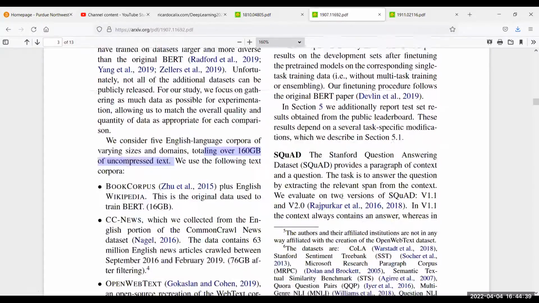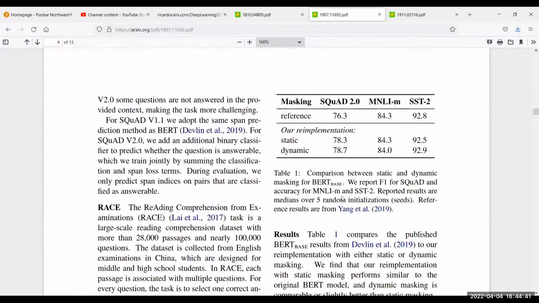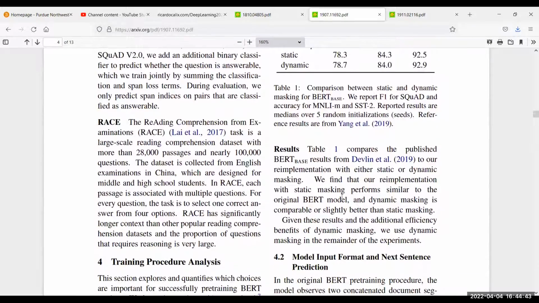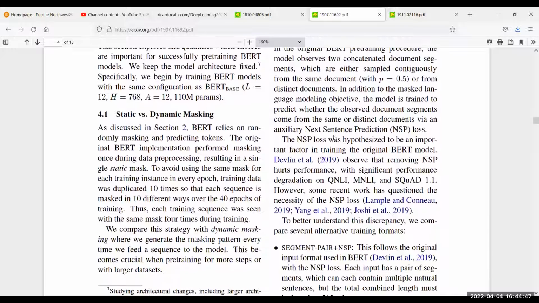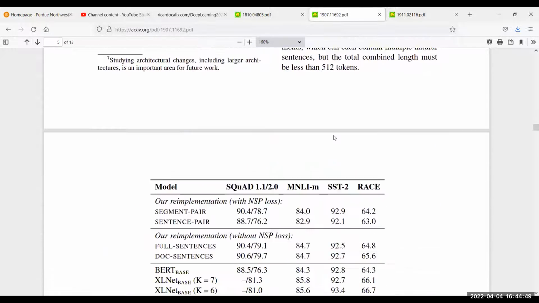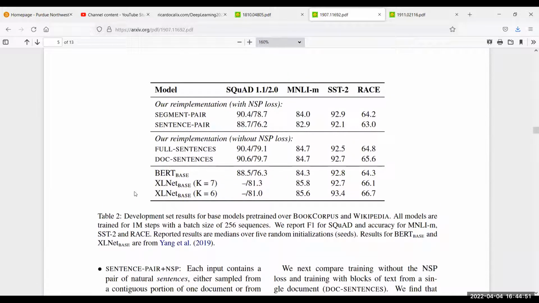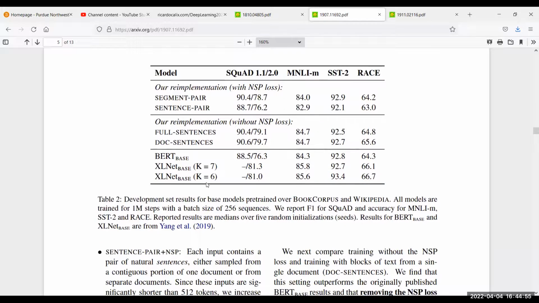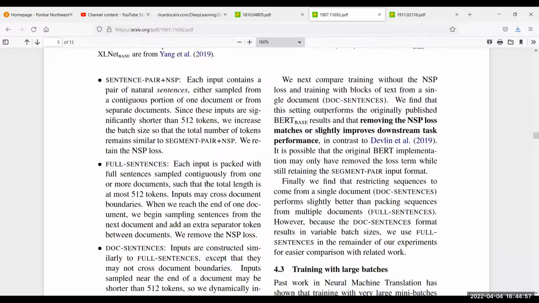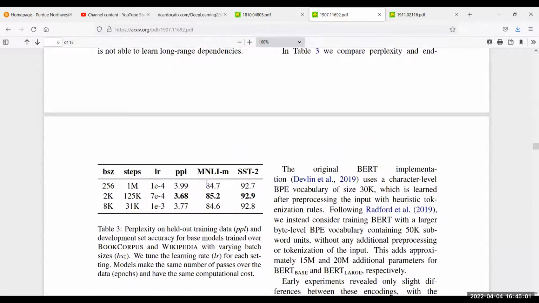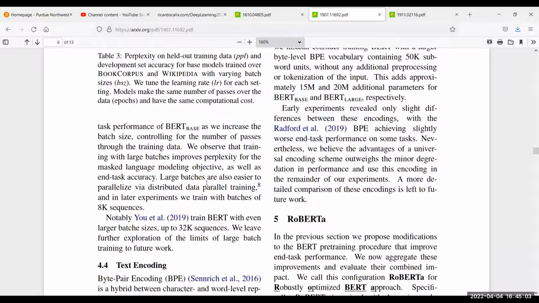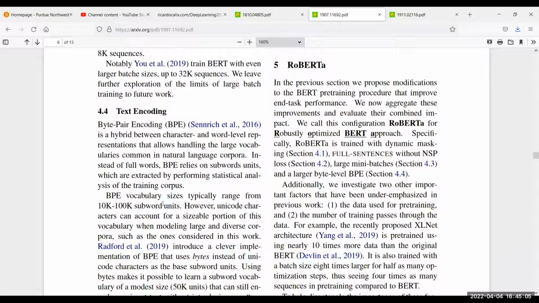Then they evaluate on the models here, all the different models, and then they just show the comparisons, the statistics. And you can see they're showing results here. Somewhere in here, so this is RoBERTa now.